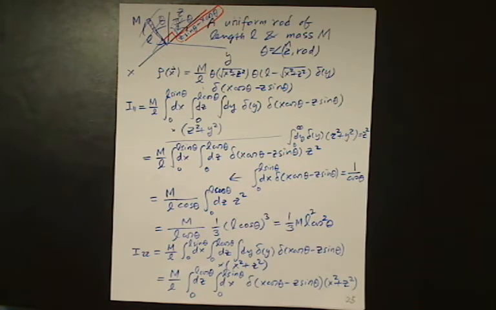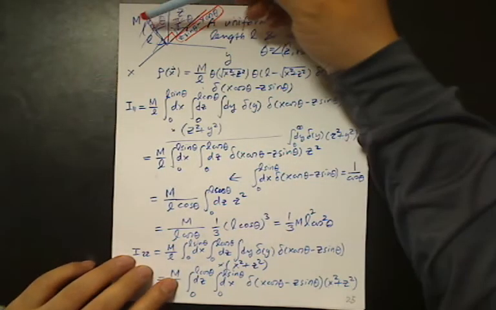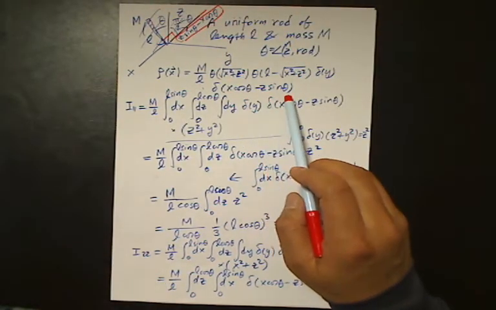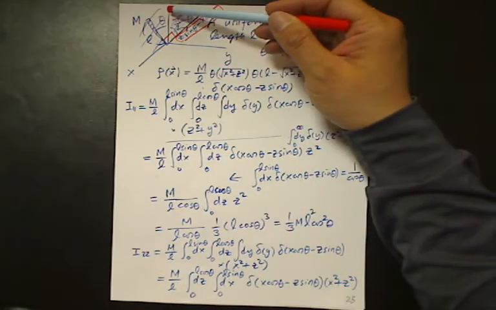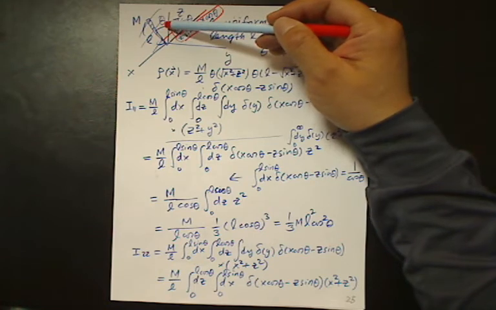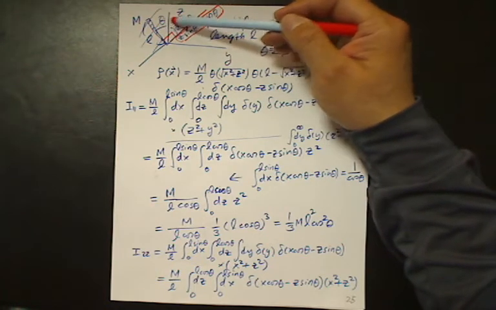We know that the equation of this straight line is x cosine minus z sine. The angle between z and this rod is theta, so the directional cosine of these two is cosine theta.